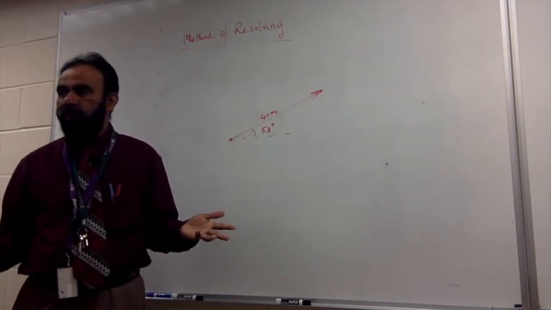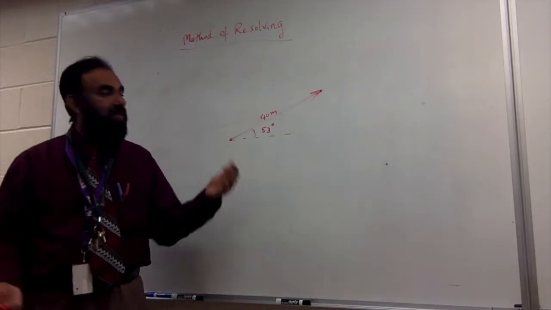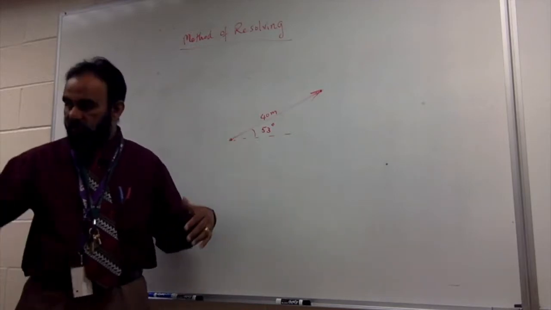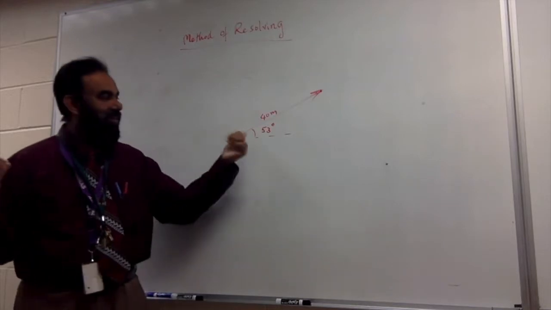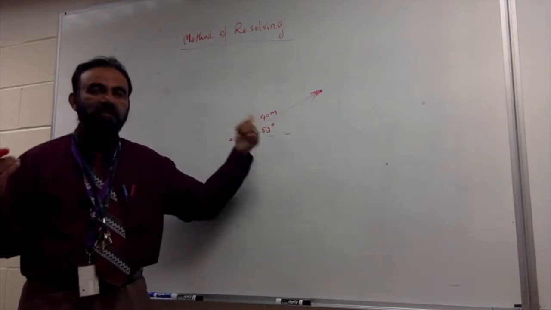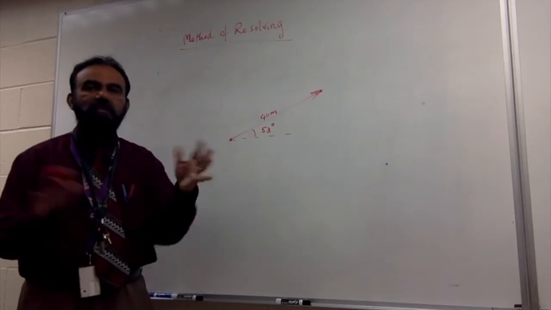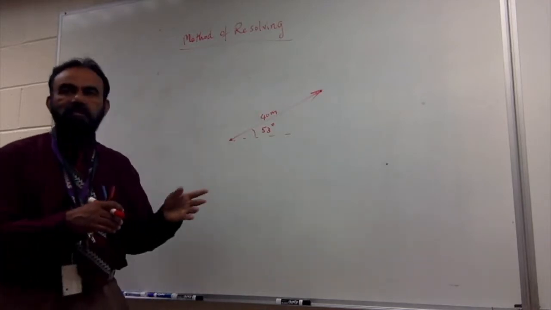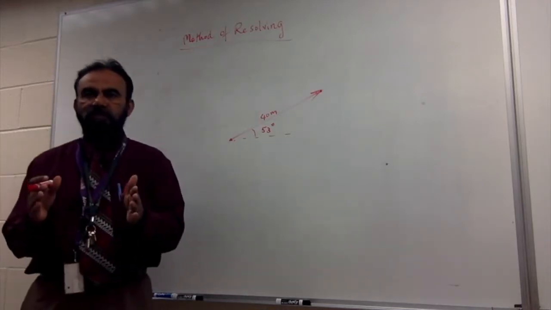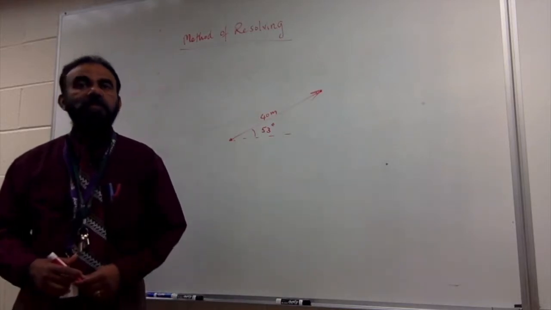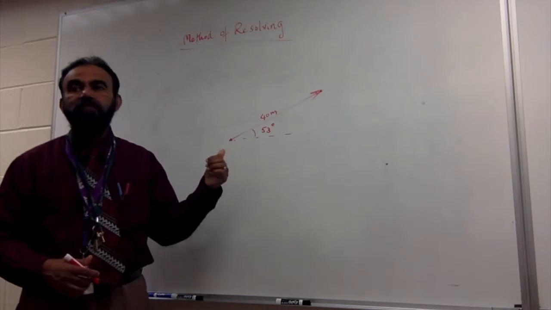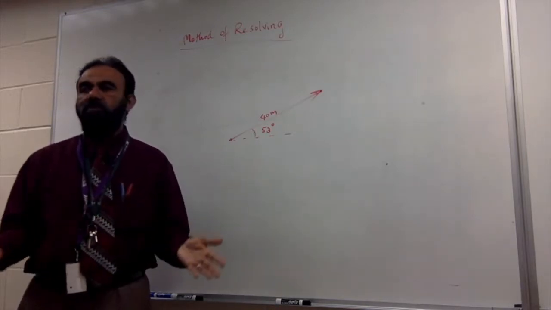Is that clear? So 40 meters at 53 degrees north of east, and then that person says, okay, that's east, that's north, 53 degrees, and then walks 40 meters, he's at that spot. Correct?